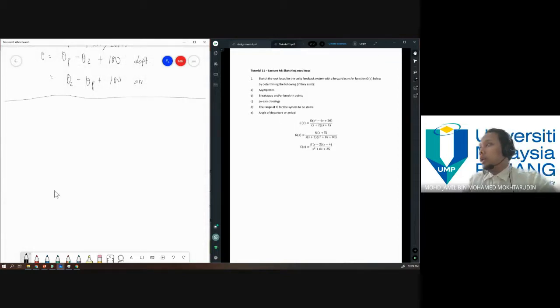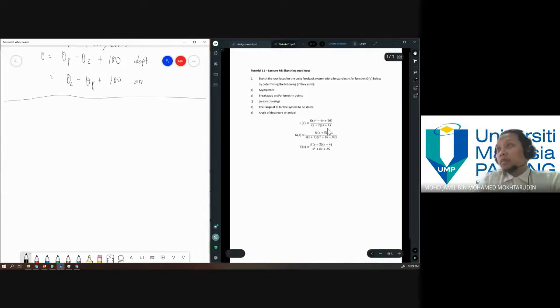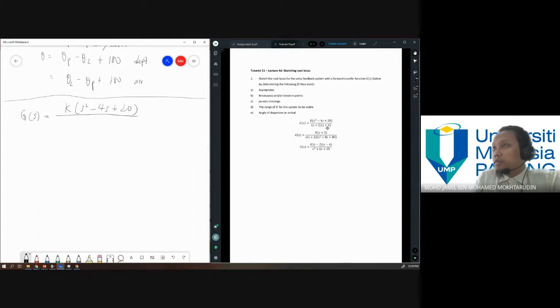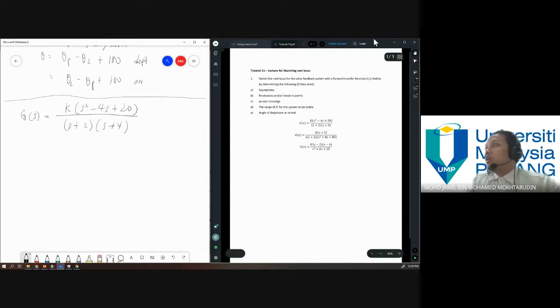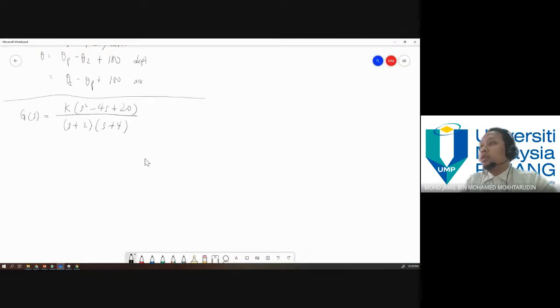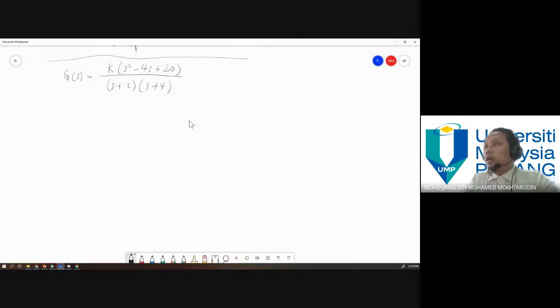So let's look at question number 1 first. Okay, so firstly, you need to find the poles and zeros. So the poles are at s equals minus 2 and minus 4, and the zeros.